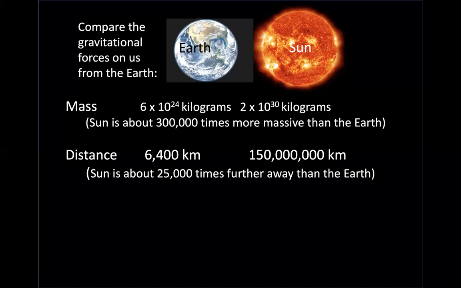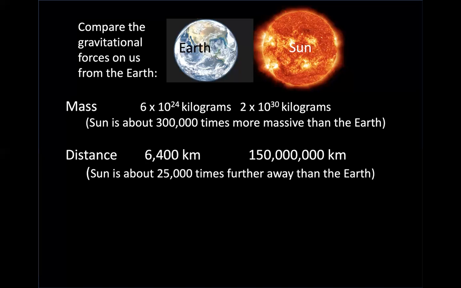The distance to the sun is more straightforward because it's basically the distance from the Earth to the sun, which is an astronomical unit, which is 150 million kilometers. So the sun works out to be about 25,000 times further away than the Earth is, basically.